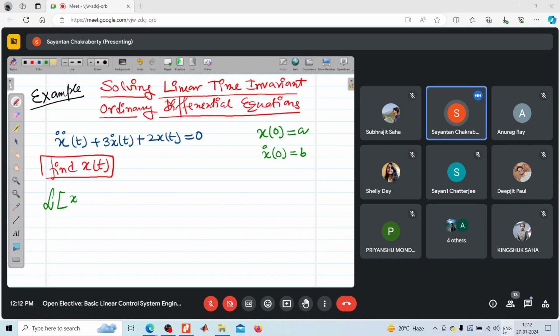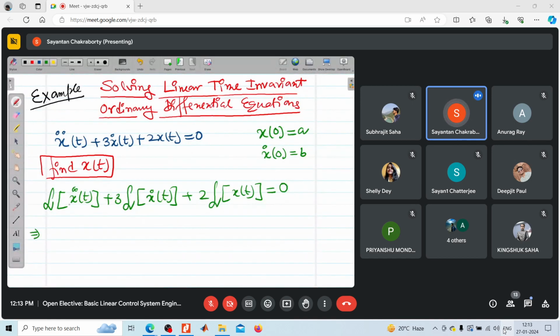Laplace transform of x double dot t plus 3 Laplace transform of x dot t plus 2 Laplace transform of x t is equal to 0. We know this because Laplace transform of f1(t) plus f2(t) is nothing but Laplace of f1(t) plus Laplace of f2(t). Pretty standard practice.